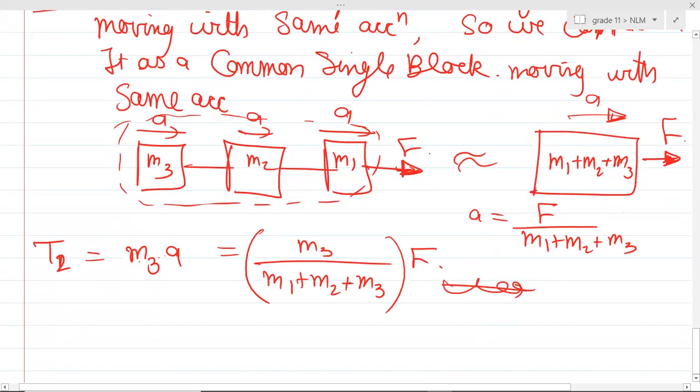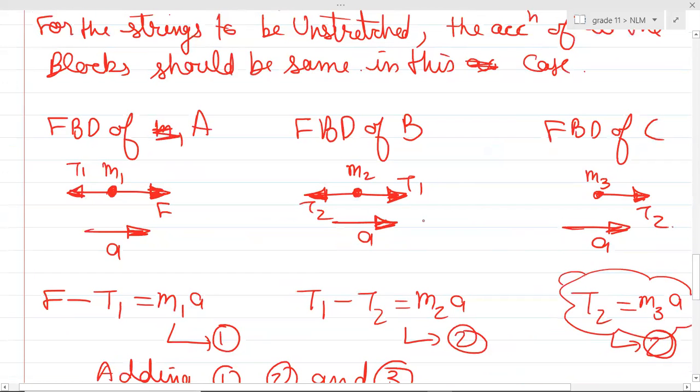Guys, please remember these are not formulas. These are just your questions. The formula is only one: F net is equal to Ma. That's it. Similarly, when I solve this now, T1 minus T2 is equal to M2A, can you see from equation number 2?